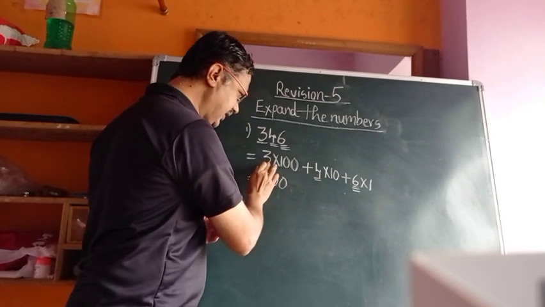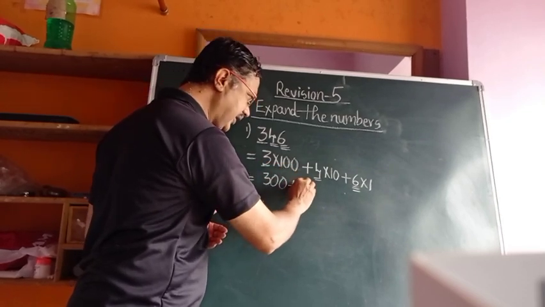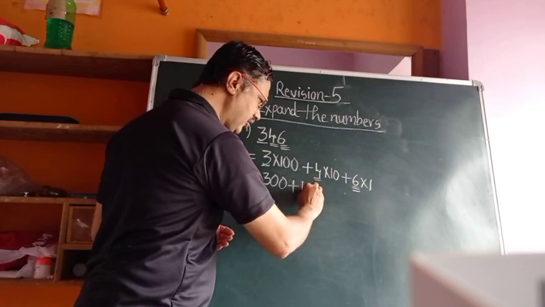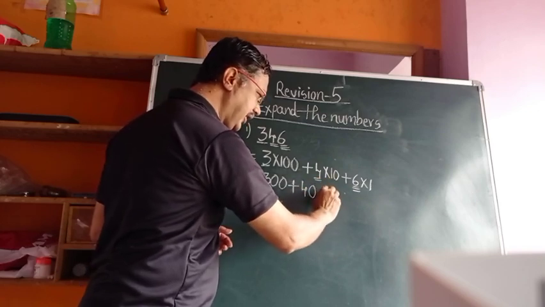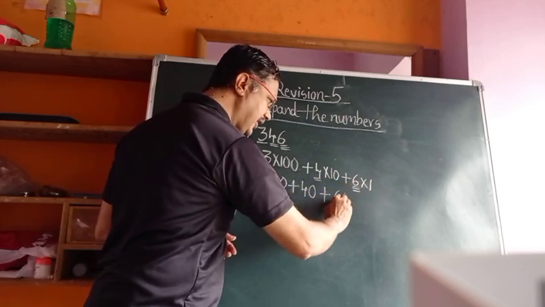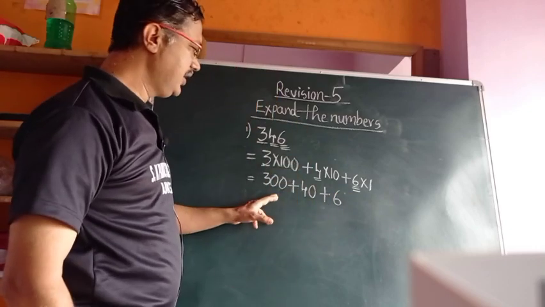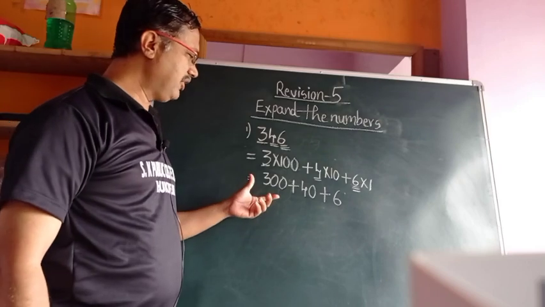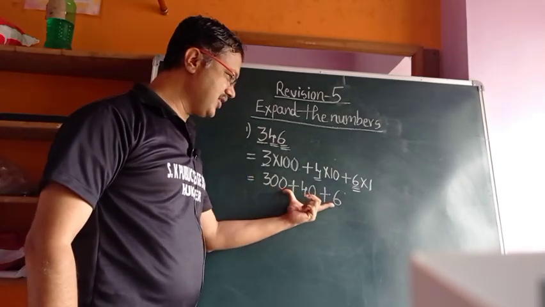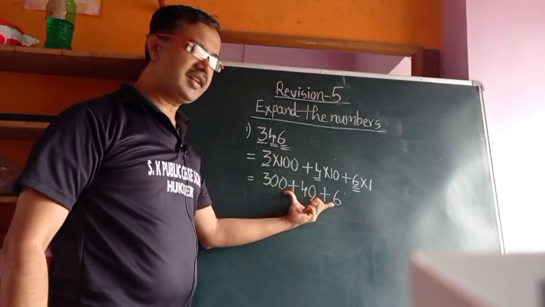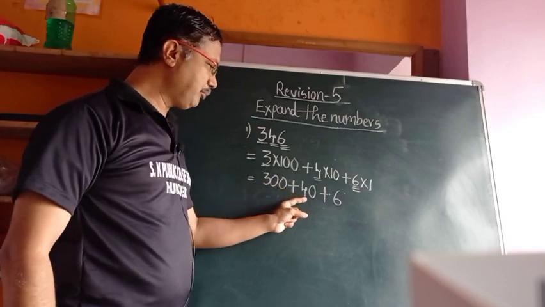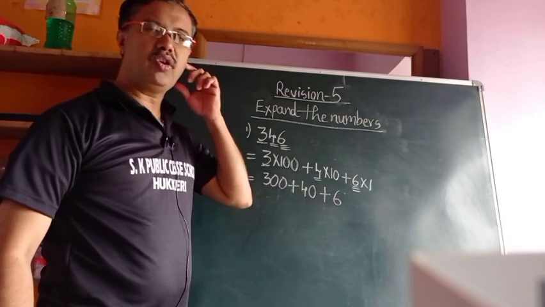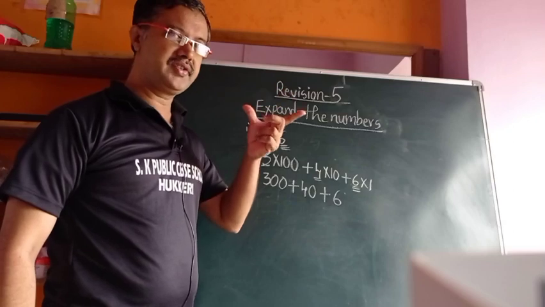3 into 100, 300. 4 into 10, 40. 6 into 1, 6. This is the answer. Whenever the question asks, at that time you have to write this answer: 300 plus 40 plus 6. Don't write in words.